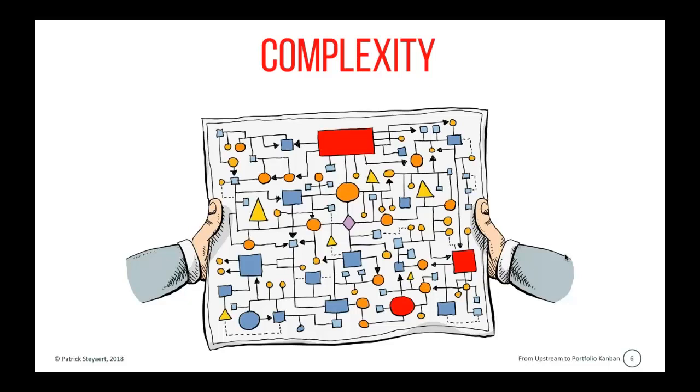Especially for the presentation here, we're going to focus on the fact that we have many people involved, and that they will not always have the same skills. We might have different teams with different competencies, with different capabilities, and they all need to be synchronized in order to come to a solution.